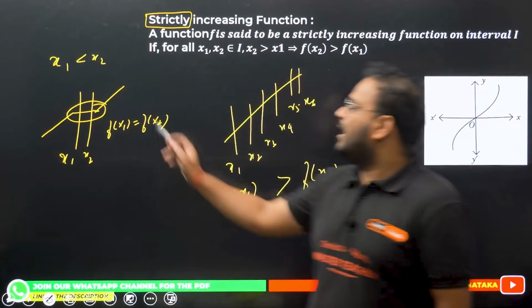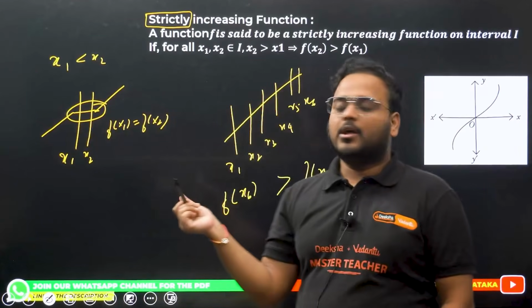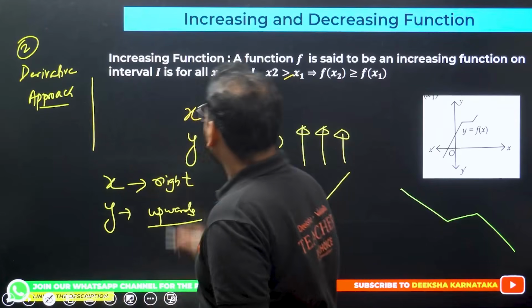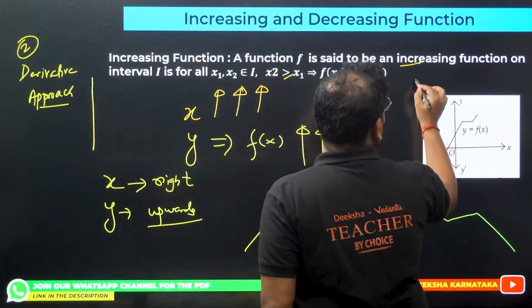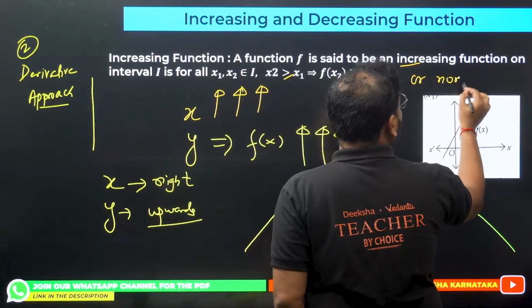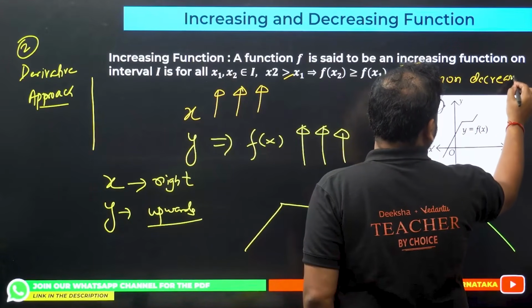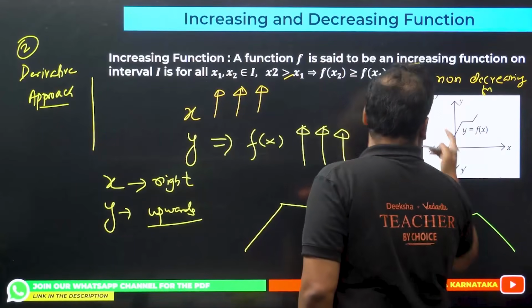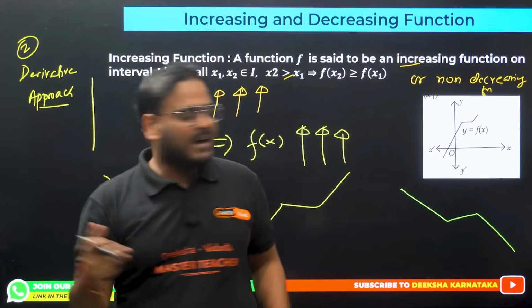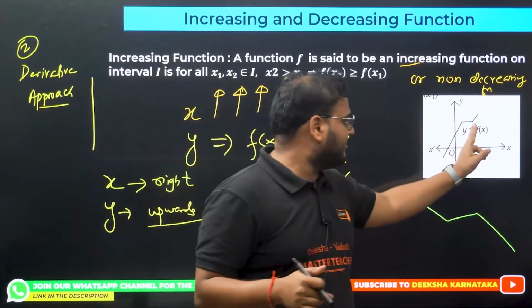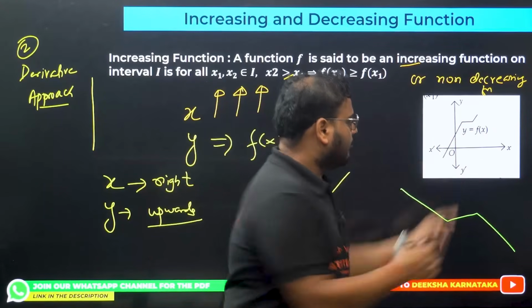So whenever you have this function, you can call this function increasing in nature. You can call this function increasing or non-decreasing. Non-decreasing function means this is not decreasing. There is a flat line of course over here which means they are equal in this interval, all the values of f are actually equal in the interval from here to here.